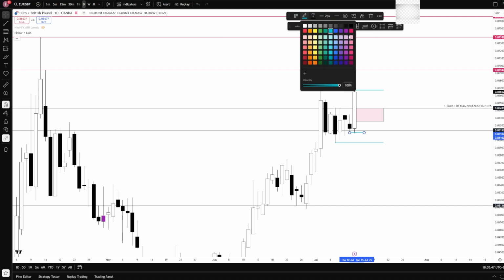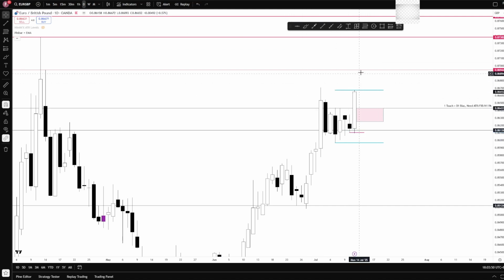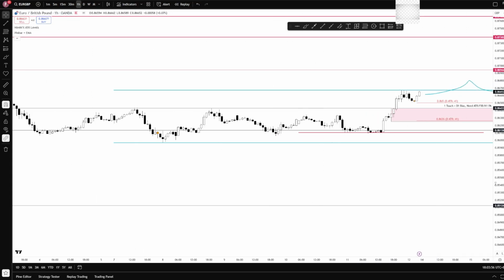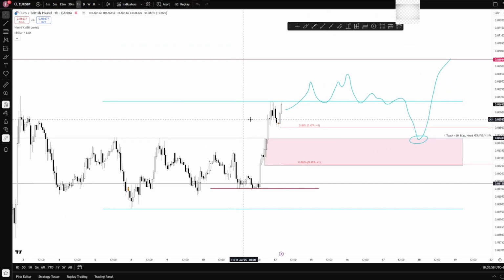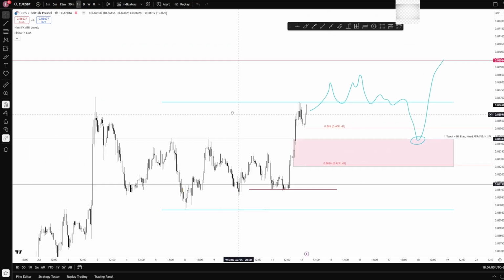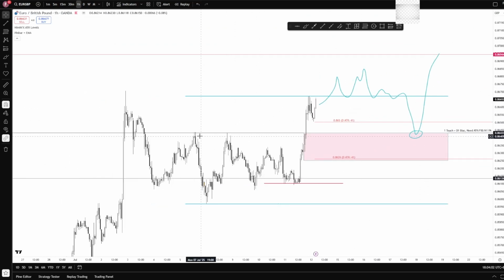So I'll look to long. If this price target is not hit, I'll look to get back in on a retracement level. This is the level that I'm interested in. I will require some Fibonacci levels or average true range.